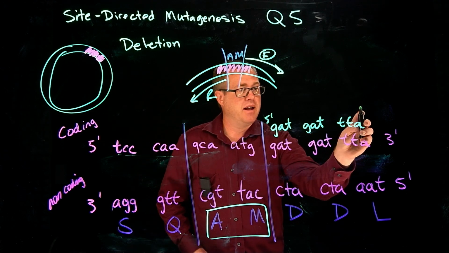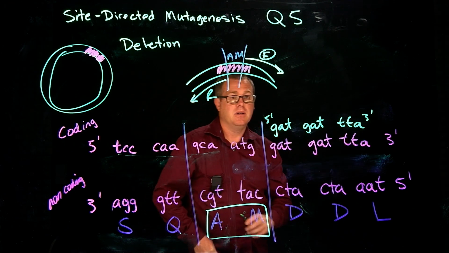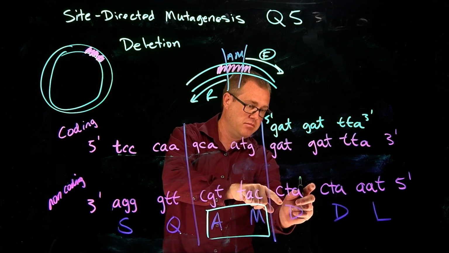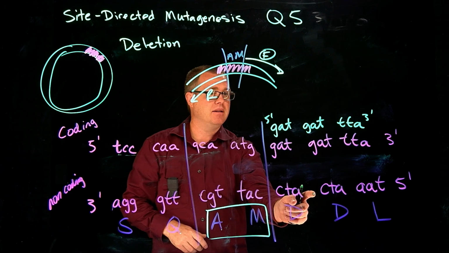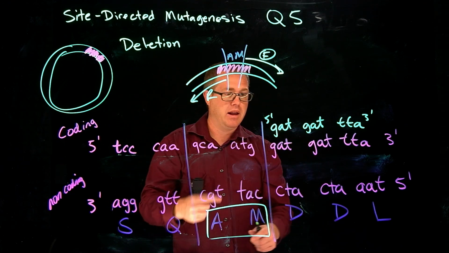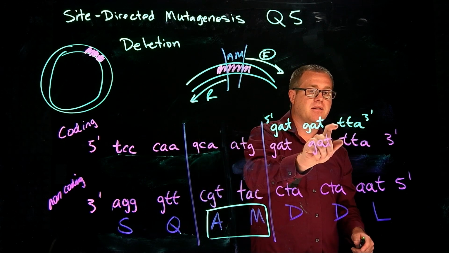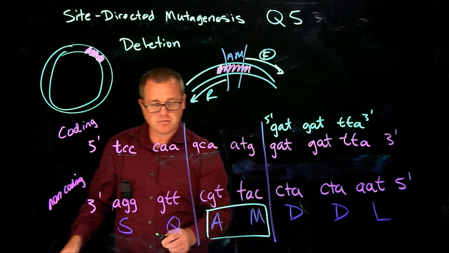That's our 5' end of the primer, 3' end. That's our forward primer, but where's that going to anneal? Right here on the template strand. And so that will go in the 5' to 3' direction, so that makes that the forward primer.